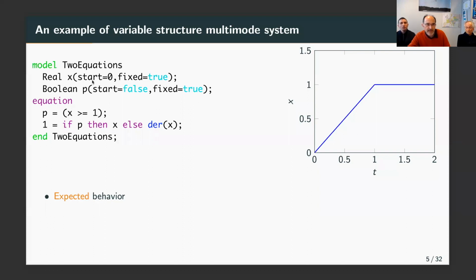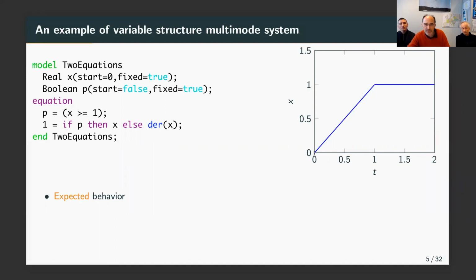So initially, x is initialized to 0, and so the initial value of p is false. I've also forced it here just for a compatibility issue between tools. So initially p is false, and it is the else part of this equation that defines the dynamics of x.